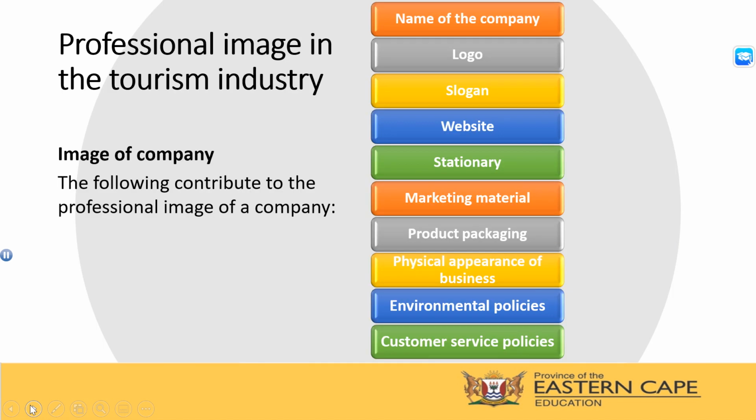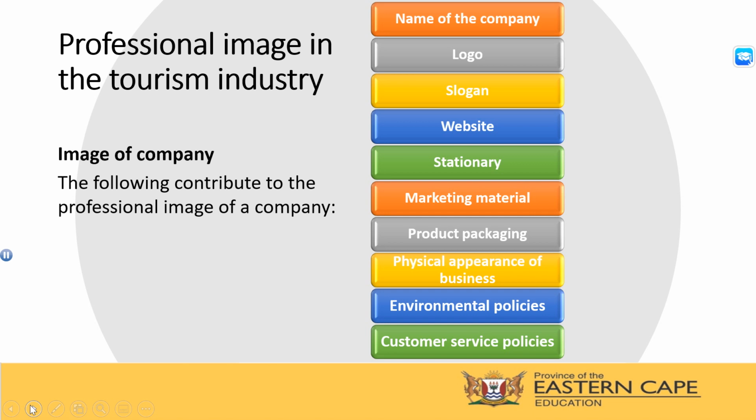Now, on your screen at the moment, you will see a list of factors that contribute to the professional image of a company. You will see the name of the company, the logo and its slogan, all contribute to the professional image. The company website, stationery and marketing material is also a factor that contributes to the professional image of a company.